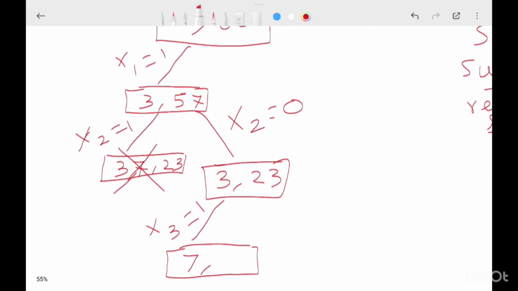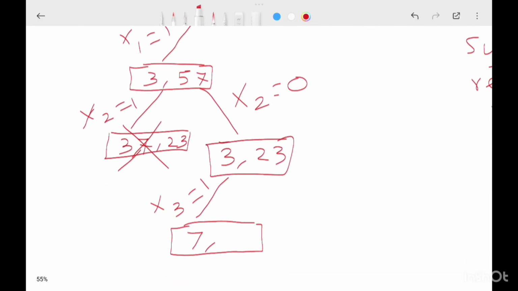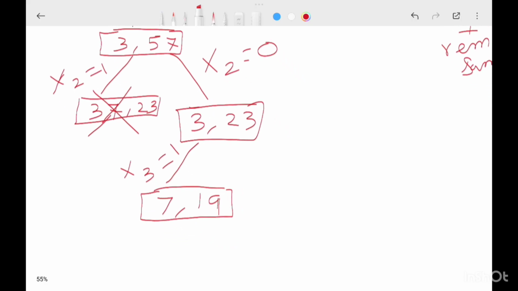And from the remaining sum I subtract the value 4, so 23 minus 4 is 19. Now I am checking whether this is feasible. Yes, 7 is less than 9 and 7 plus 19 is greater than 9. So this is also a feasible solution.